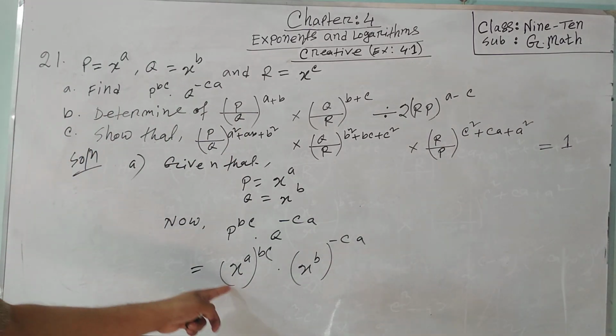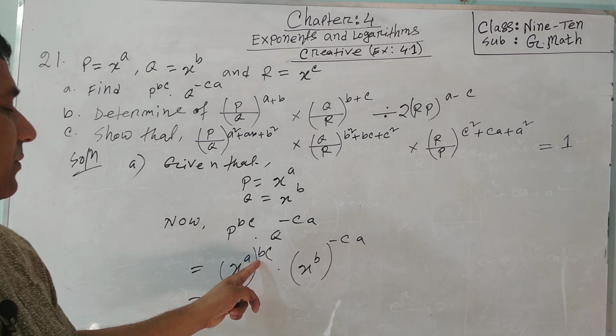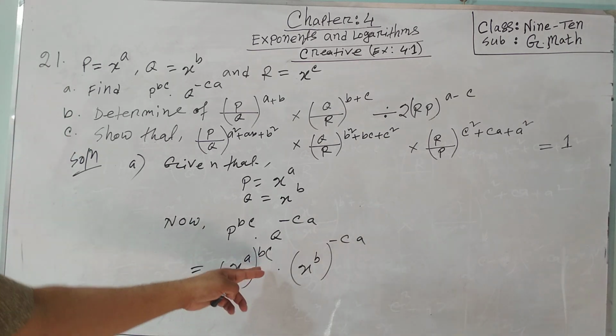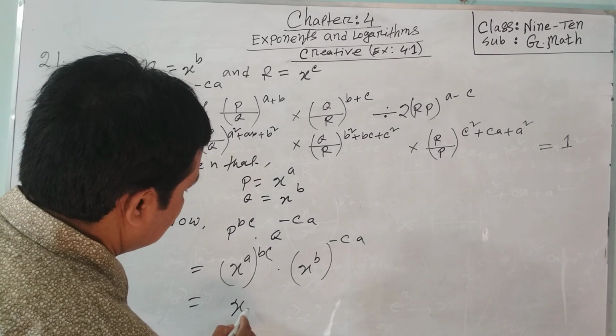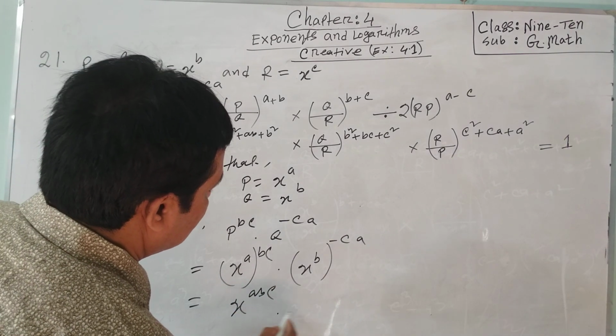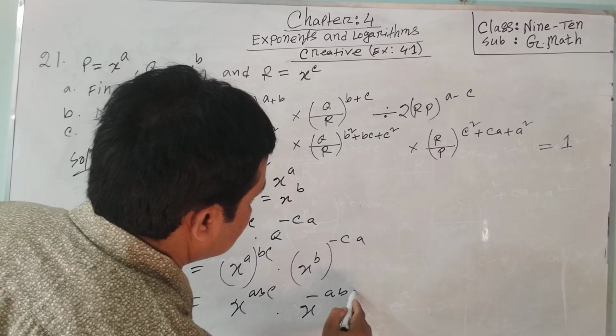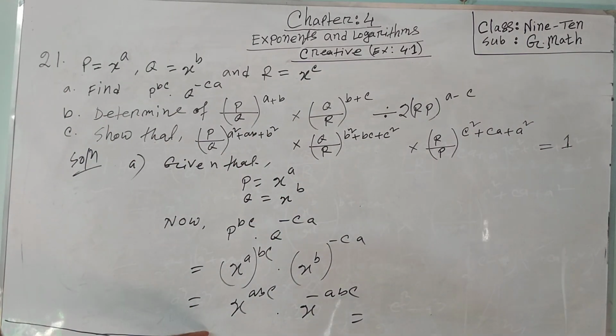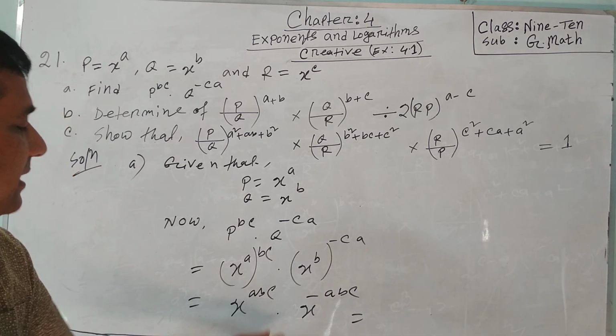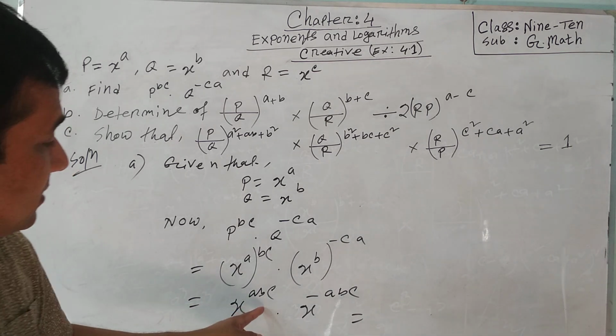Here, x to the power a, to the power bc. Power of power equals multiplication: x to the power abc dot x to the power minus abc. In multiplication, when the base is the same, the powers will be added.